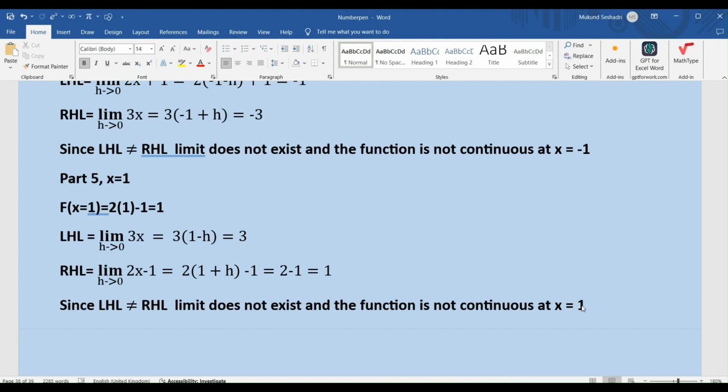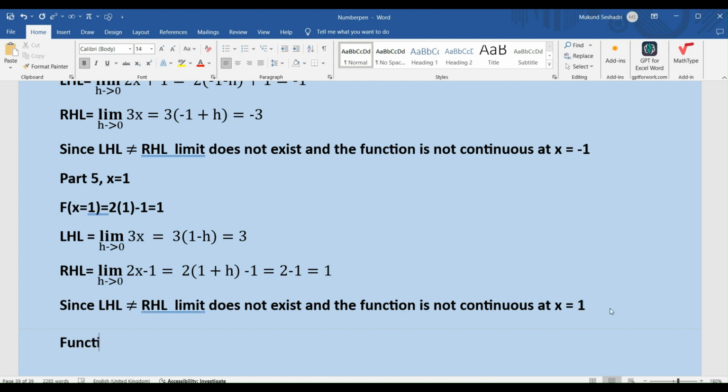And we've examined the continuity of this particular function at x equal to minus 1 and x equal to 1. And because the LHL is not equal to RHL, the limit does not exist and the function is not continuous at these 2 points, right? Therefore, how do we write this?